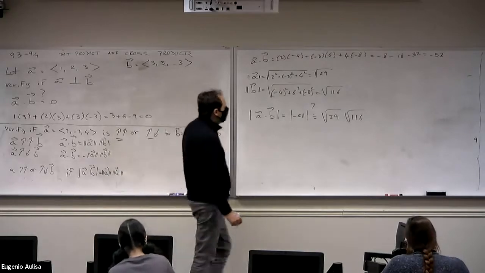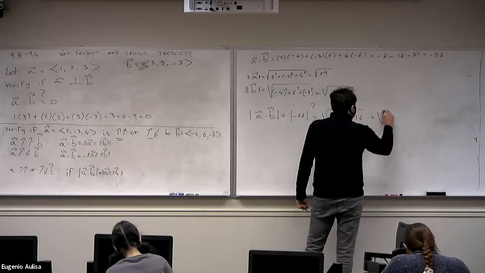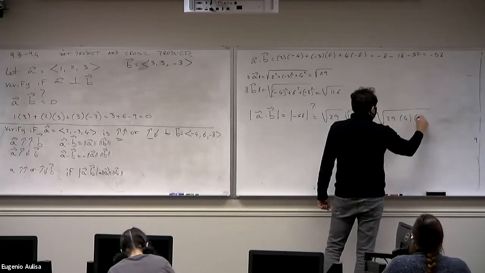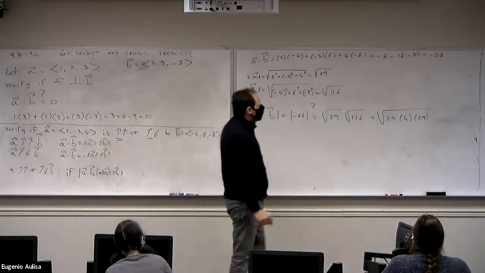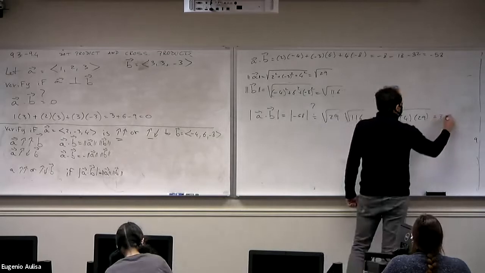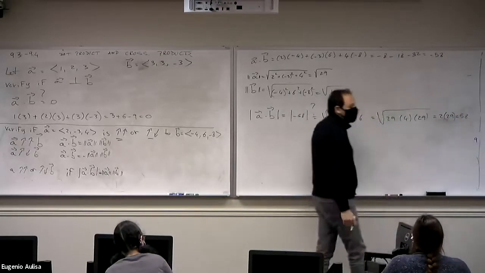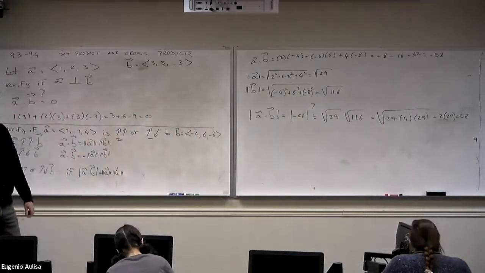So if I did this correctly, this is nothing else than 29 times 4 times 29. So this is like 2 times 29, which is 58. 116 is 4 times 29.